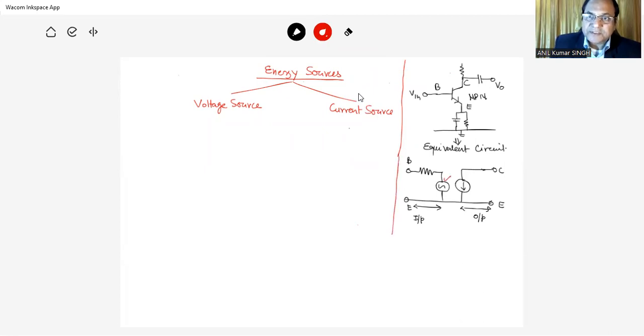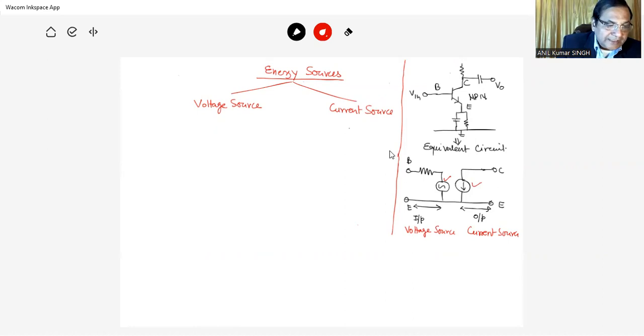This symbol represents a voltage source, and this symbol represents a current source. So in a given circuit, there are energy sources, and these energy sources are termed voltage sources and current sources. We have to differentiate what is the voltage source and what is the current source.